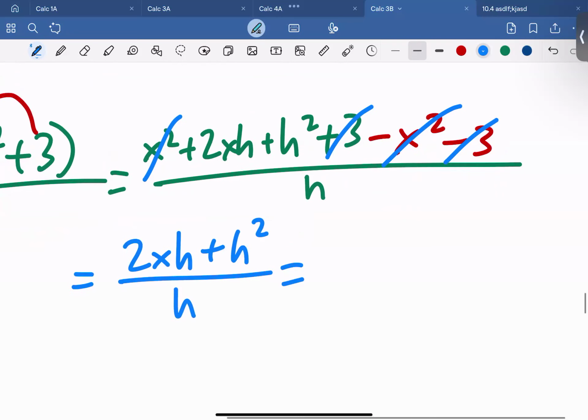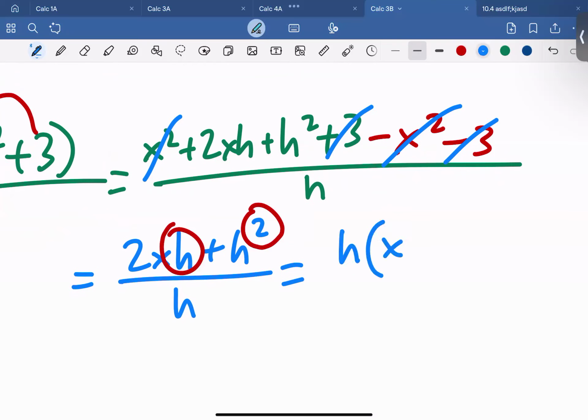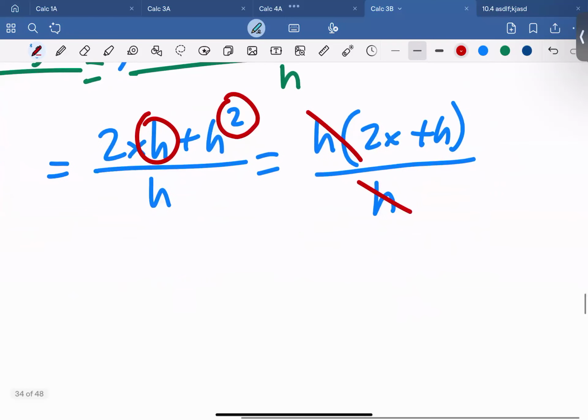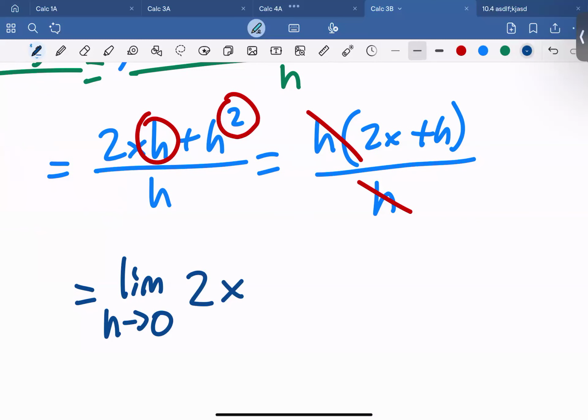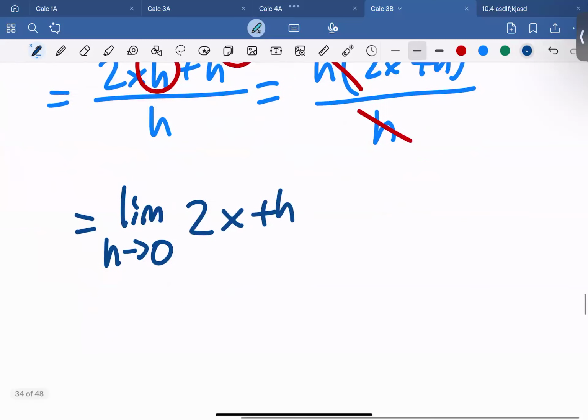Next step, I could pull out one of these h's from each part in the top. So h times 2x plus h, divided by h. And then these would cross out. So we're nearing the end. Let me bring back that limit as h approaches 0 of 2x plus h.